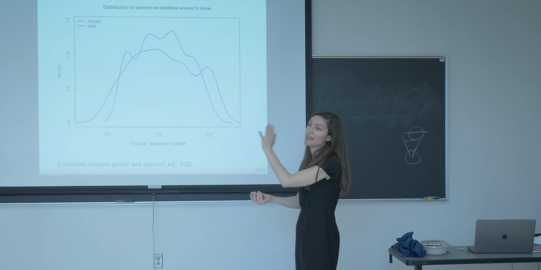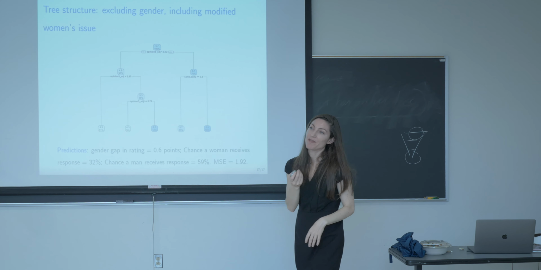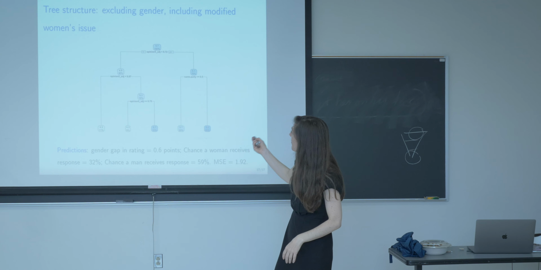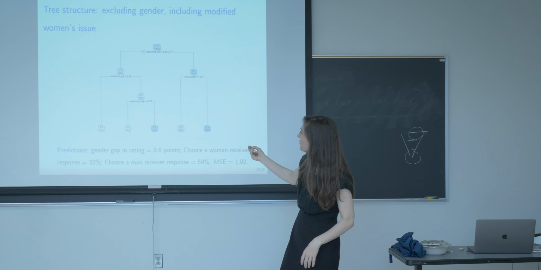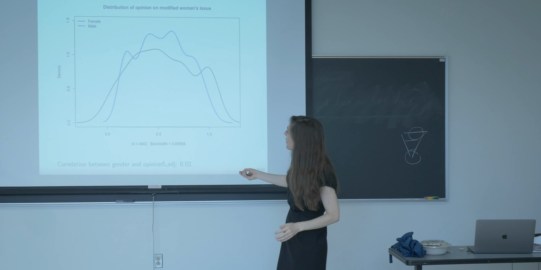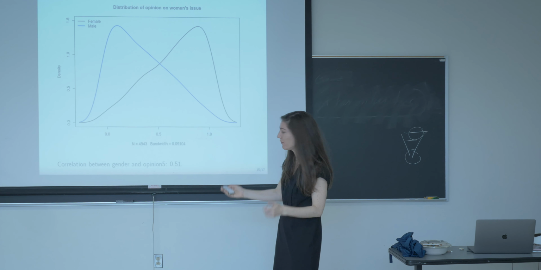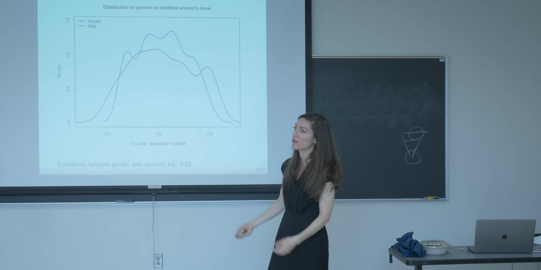But what happens if you just implement the algorithm on the same synthetic data I created before? So you exclude gender, but you include the modified version of the women's issue. Notice that the correlation between the original measure and gender was positive and about 0.5. After the adjustment, the correlation is close to 0.